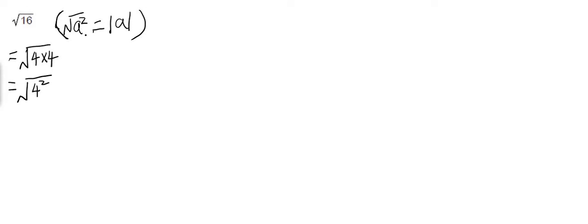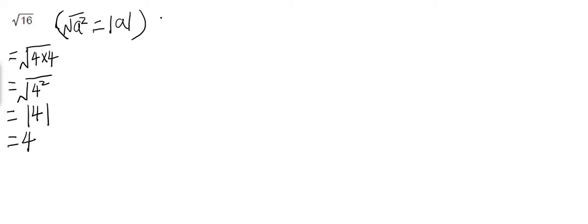So following this formula, we're gonna get the absolute value of 4, because absolute value always gives you a non-negative number. If it's positive, 4 should be itself. Okay, that's the absolute value.